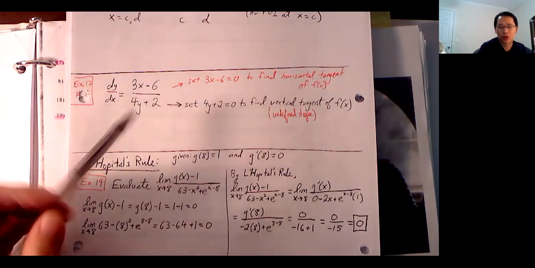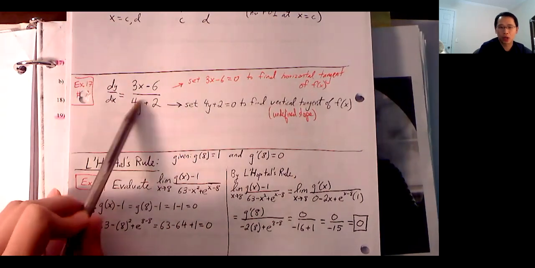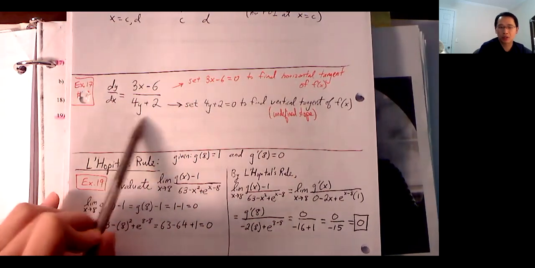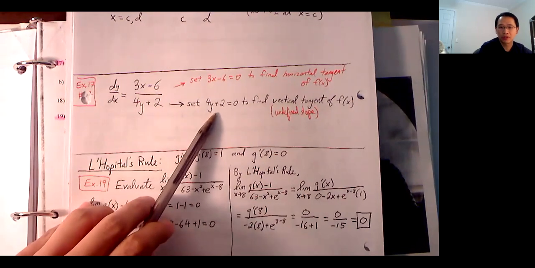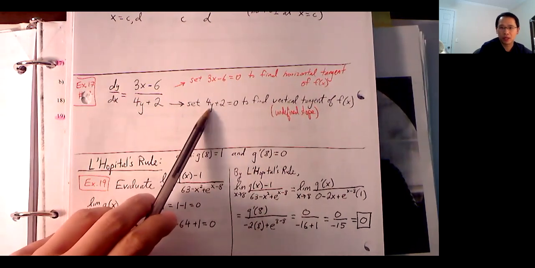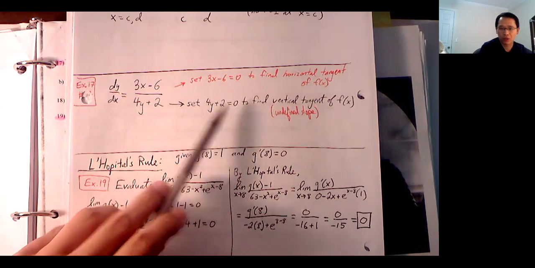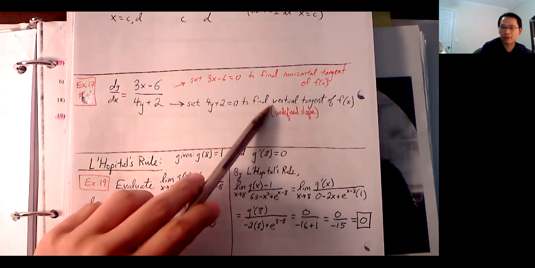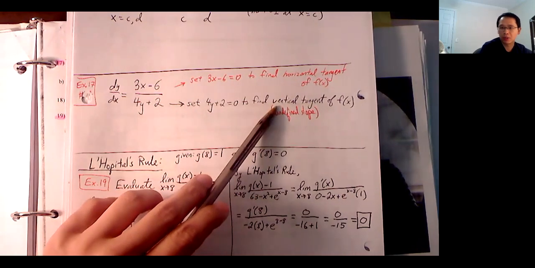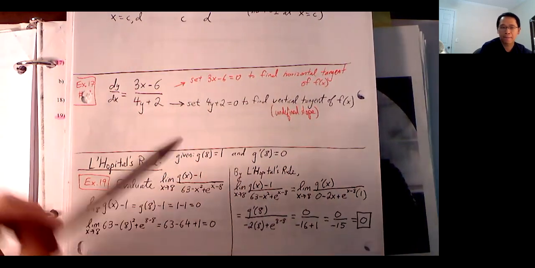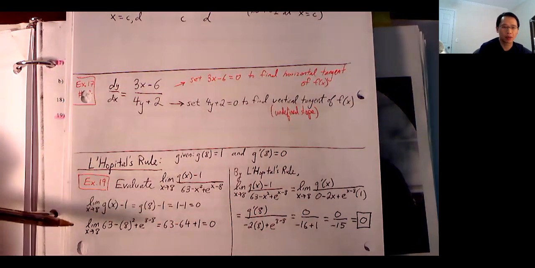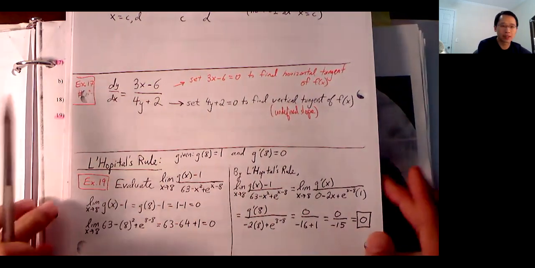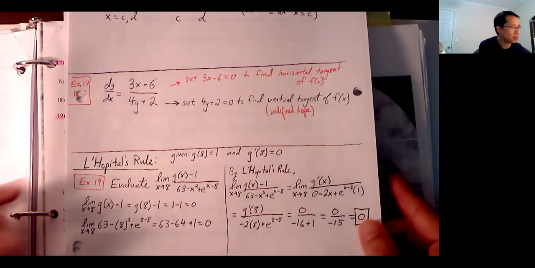And there's also a vertical tangent, because that is whatever causes the denominator to be 0. So slope undefined is wherever 4y plus 2 is equal to 0, which is y equals negative 1/2. So when y is equal to negative 1/2, on the graph there's going to be a vertical tangent. I'm just showing you an example of the concept that I highlighted.